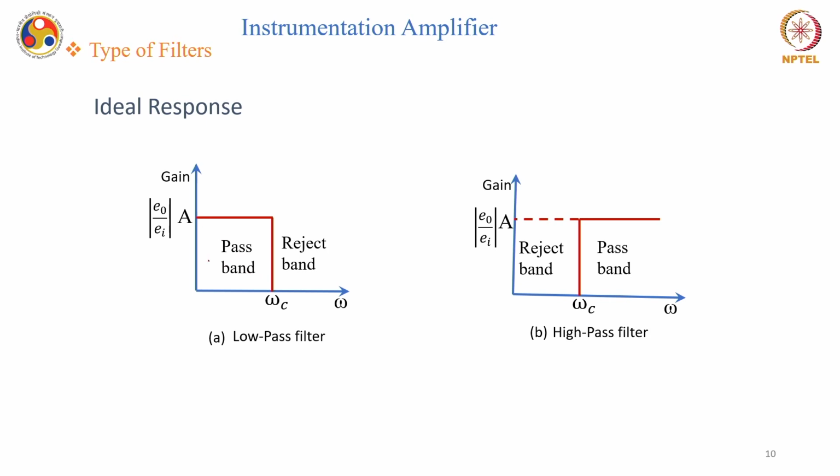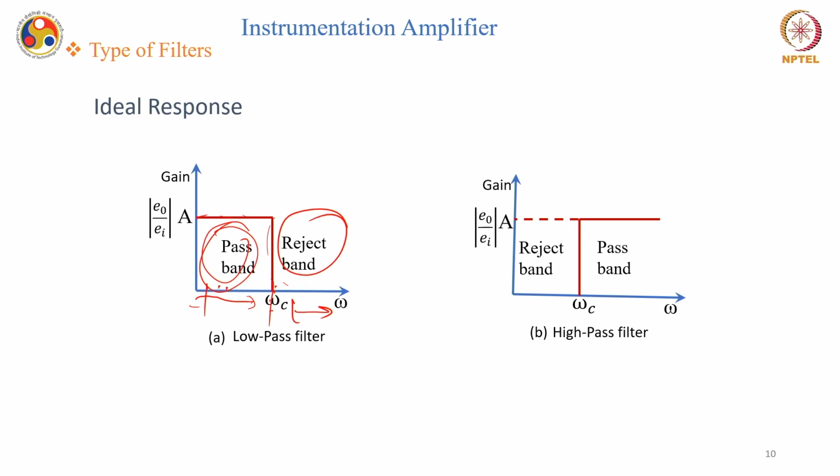will have a pass band something like this, meaning that it is passing all the frequencies below some reject band or a cutoff frequency, okay. So it is allowing all the frequencies below omega c to pass, and above omega c it is rejecting all the frequencies. So this is the pass band and this is the reject band.